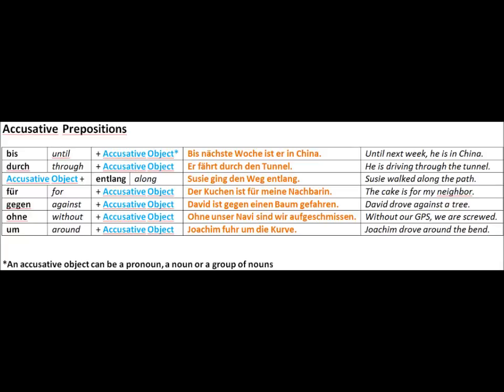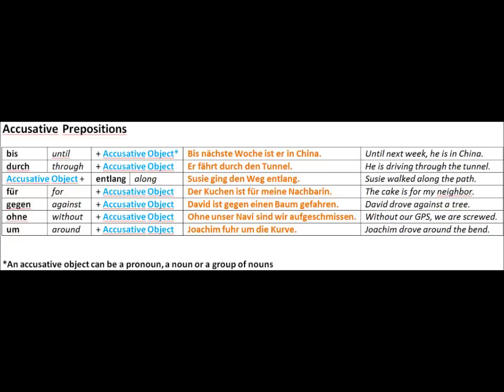I'm going to be reading the examples to you, okay? Bis nächste Woche ist er in China. Until next week, he's in China. Fährt durch den Tunnel. He's driving through the tunnel. Susi ging den Weg entlang. Susie walked along the path.